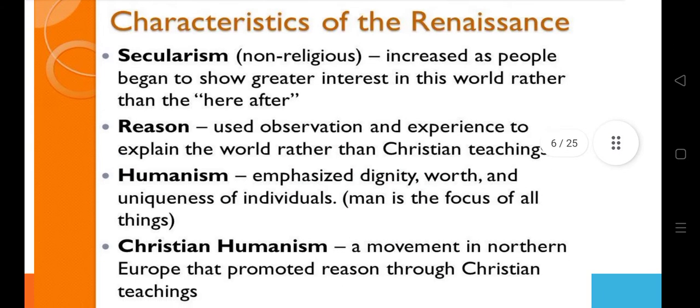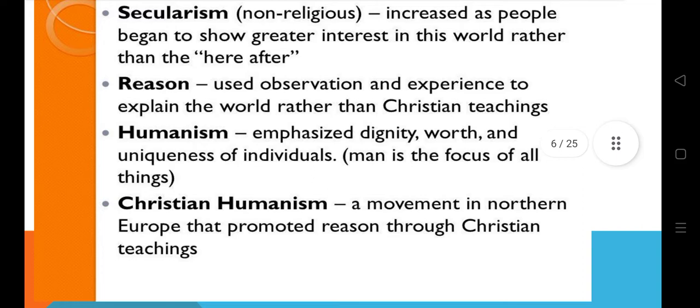Characteristics of the Renaissance: we'll see secularism, which means that formerly, as we see, people in the Puritan age or any other age were more inclined towards religion, and the church was dominant everywhere. But here there was an inclination towards secularism, meaning non-religious worldly things increased. People began to show greater interest in the world rather than church or religion.